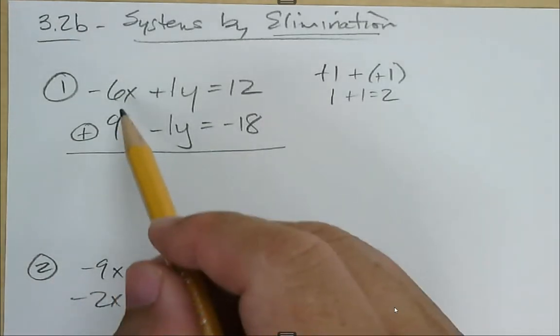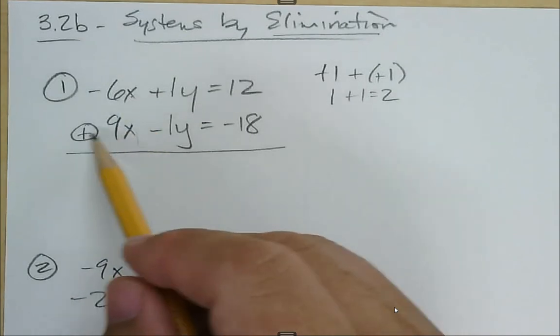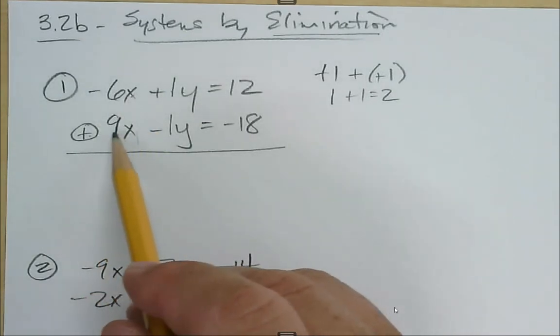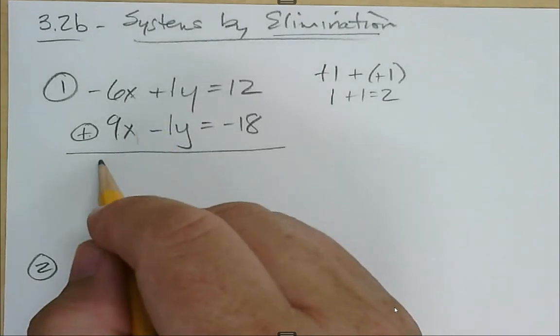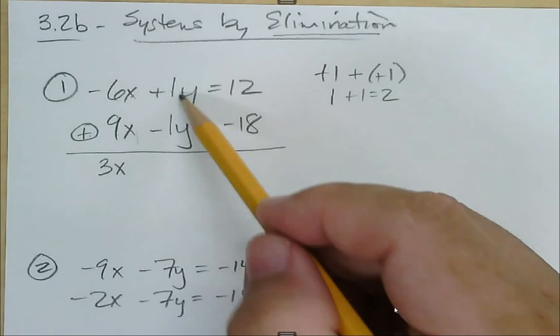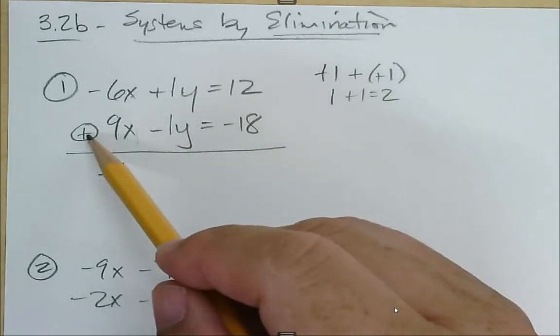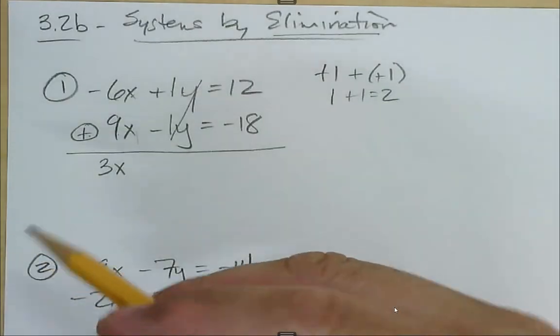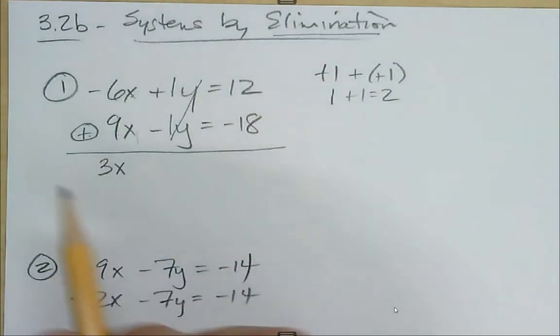So what I'm going to end up with is -6x plus 9x. Well, let's think about what that gives us. -6x plus 9x would give me a positive 3x, okay? Here, these two things, that's the whole reason we added. These two things are going to go away. They're going to be eliminated. So that's the reason it's called systems by elimination.